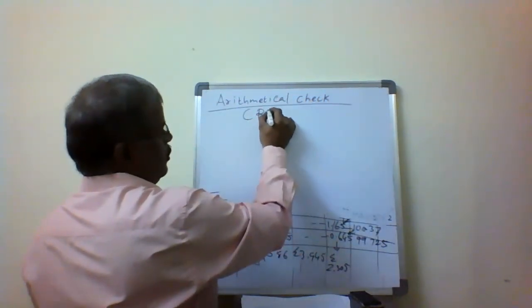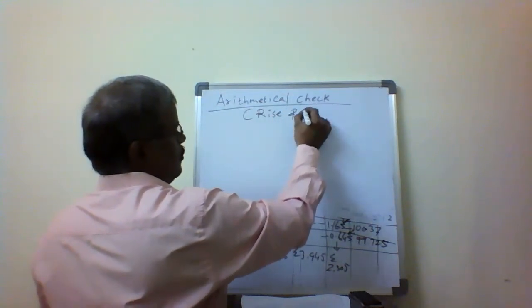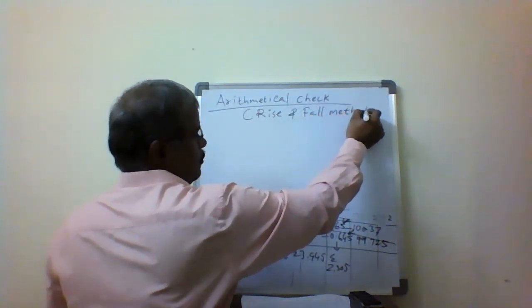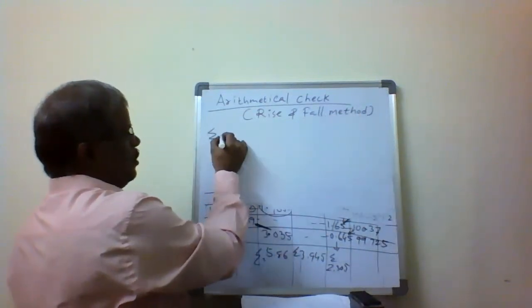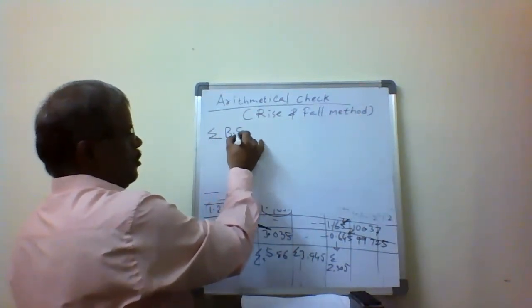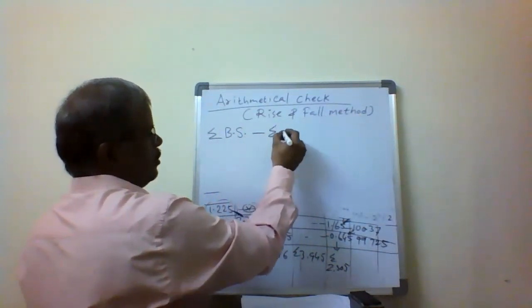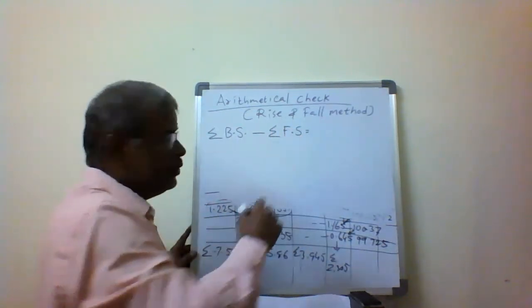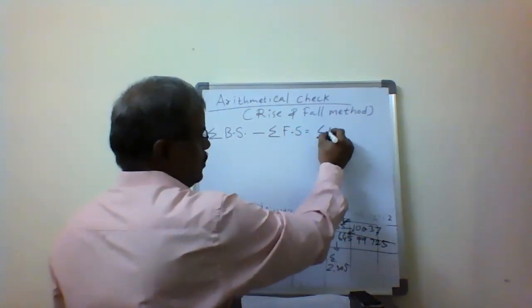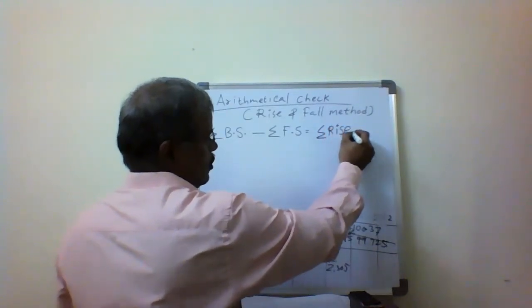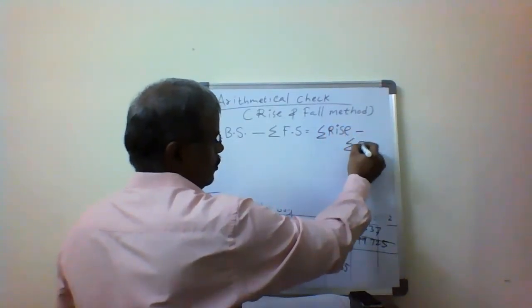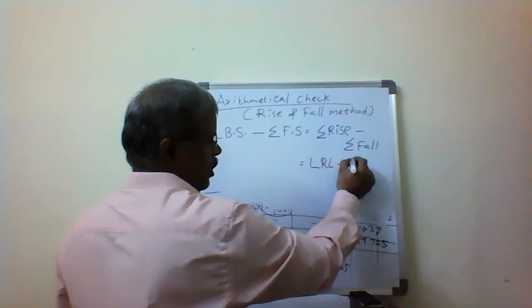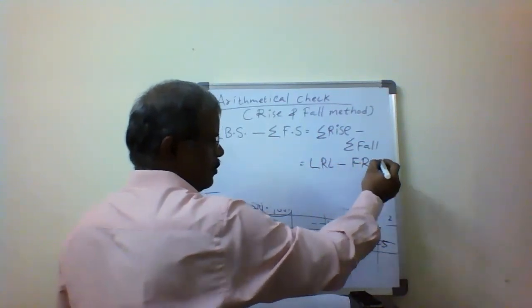Sigma BS minus sigma FS equals sigma rise minus sigma fall, equals last RL minus first RL.